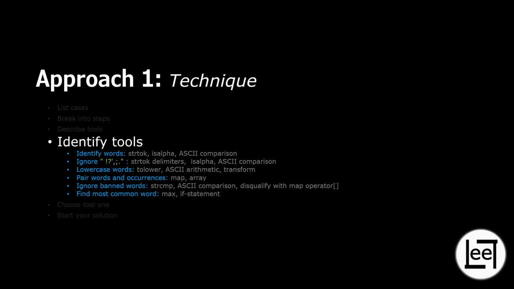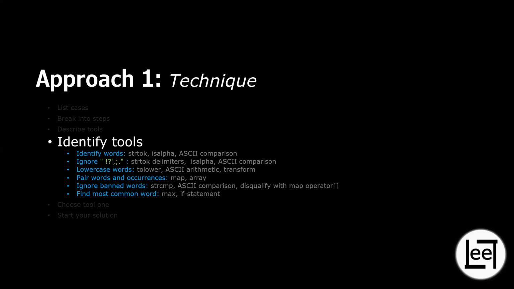For example, identifying words can be done using the function strtok. It can also be done using a character-wise traversal of isAlpha or ASCII comparison. To ignore punctuation, once again, using strtok, we can insert delimiters that will tell it where to separate the given string. We can also use isAlpha or ASCII comparison, much like the first step, and so forth.